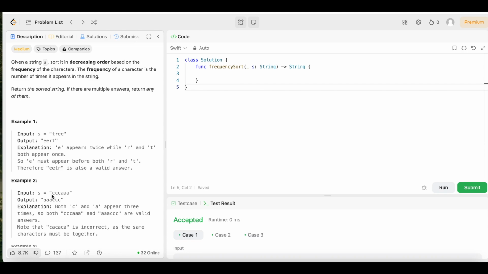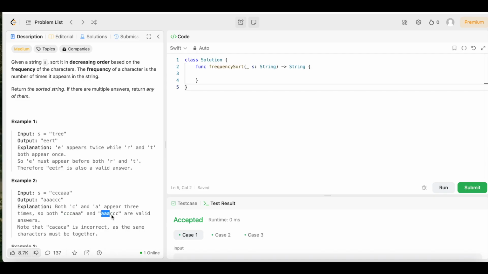So in this case, we have 3 c's and we have 3 a's, which means they have an equal amount of occurrences. They both occur 3 times, which means we could return this answer in any order. We could put the c's first or we could put the a's first.